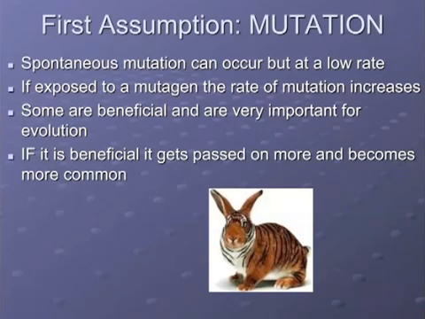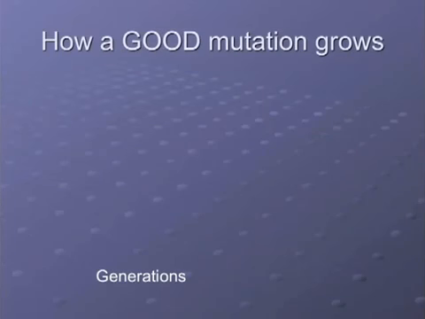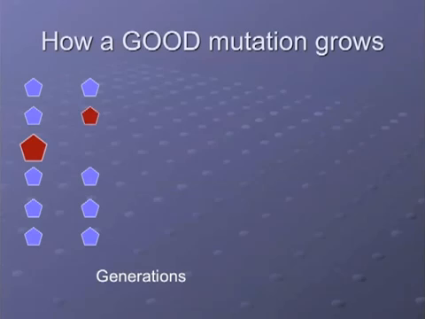All right. Now, this actually just shows through generations how good mutations can actually grow in a population. So we have a population; the red is mutated. That is your mutated organism. Then in the next generation, that organism was able to have more babies. So it grew. And then in the next generation, it grew even more because those ones also had more babies and they were able to survive better.